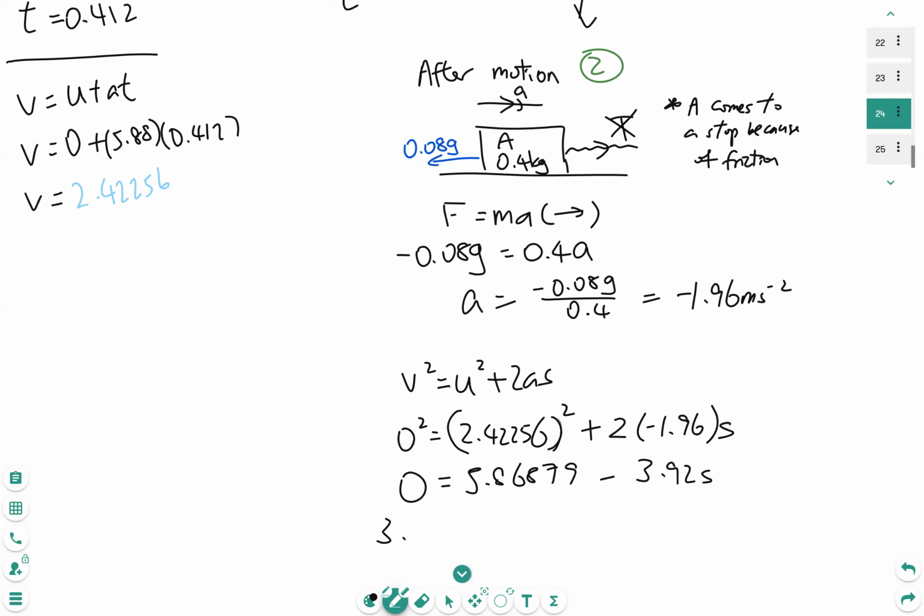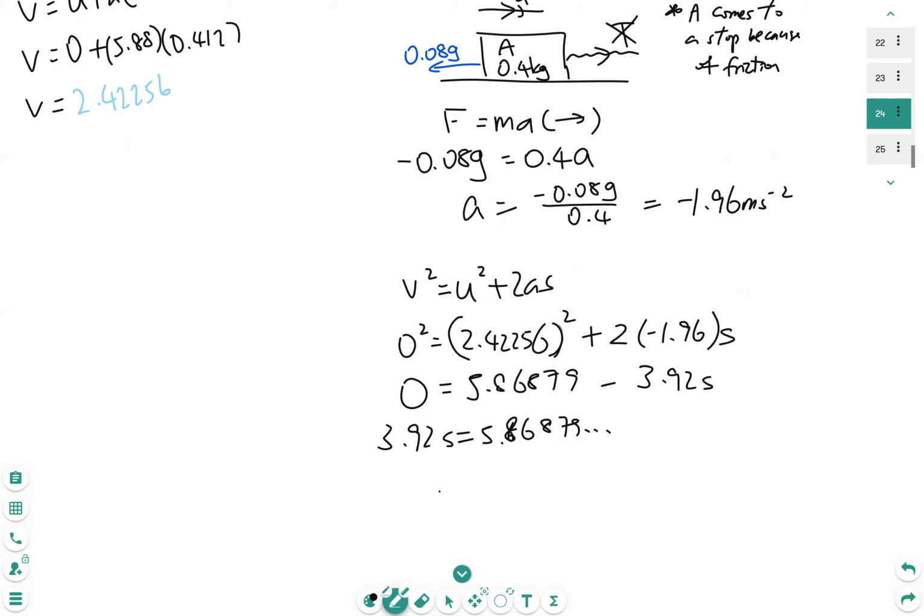Bring the negative to the left-hand side, it becomes positive: S equals 5.86879 divided by 3.92. That gives me 1.5 meters.